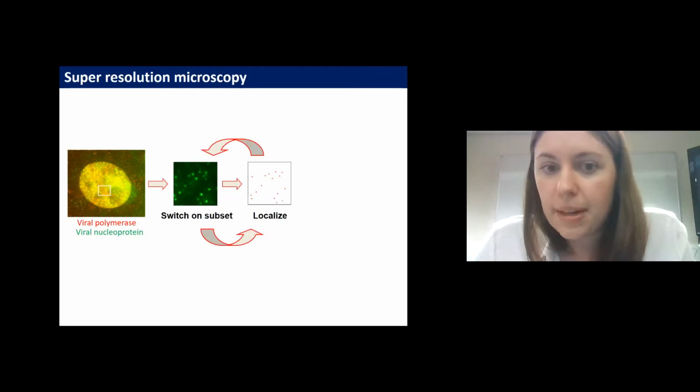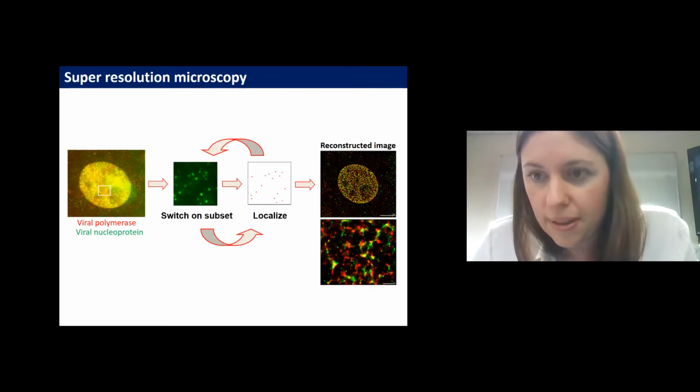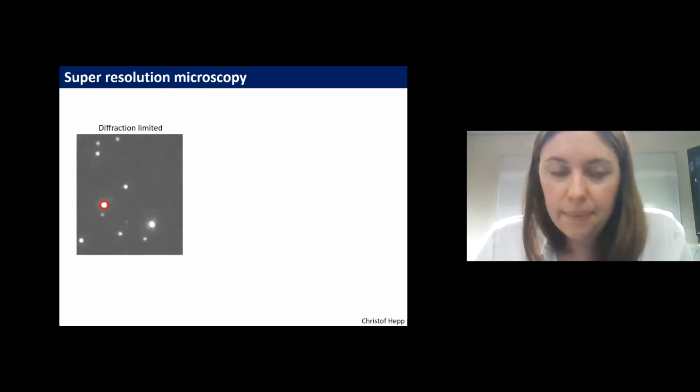So in the next frame, another subset of fluorophores are switched on. If you do this, you can build up a reconstructed super resolution image where you add up all of your very precise localizations in your sample, and you can get resolutions of lower than 20 nanometers.